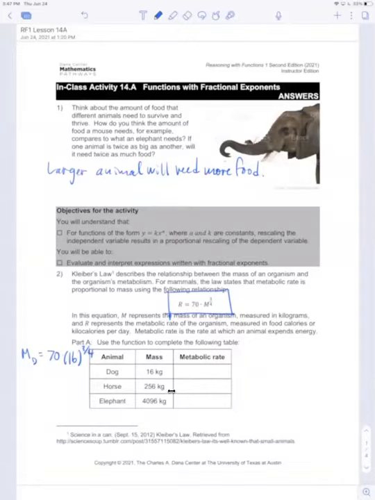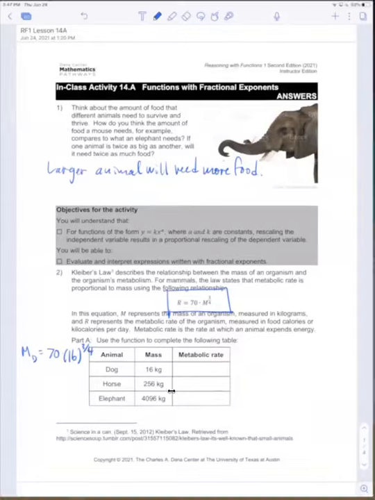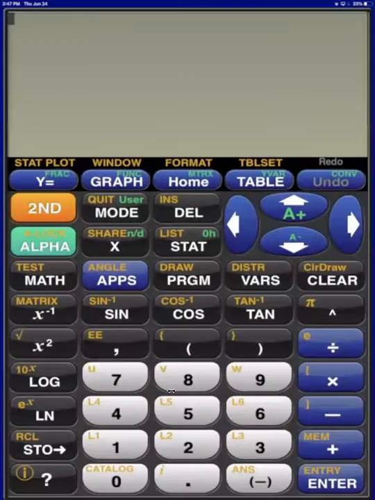Now, if I go over to my calculator, let me clear all this, and we're going to take 70 times 16 raised to the, that doesn't look right. Let's clear that. How about 70 times 16 raised to the 3 divided by 4 power, and we get 560.